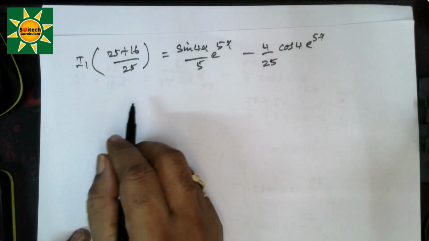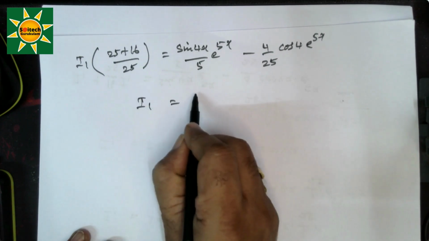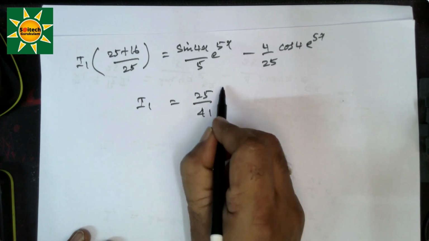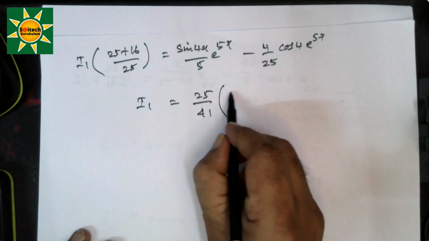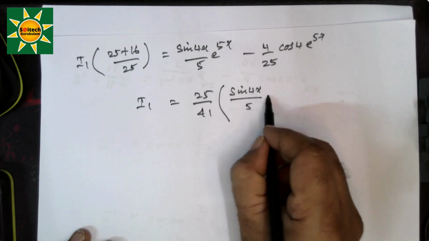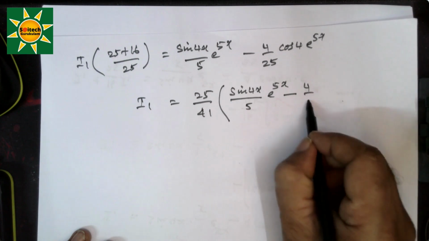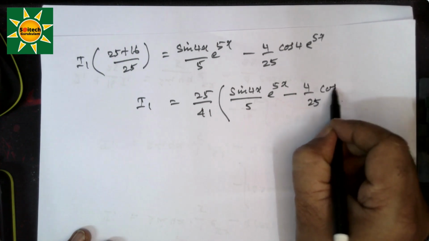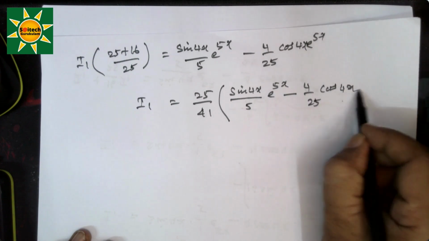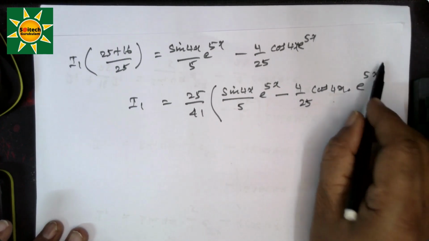That can be reciprocated on the other side. Therefore I1 is equal to 25 divided by 41, open the bracket, sine 4x divided by 5 e power 5x minus 4 by 25 cos 4x e power 5x.